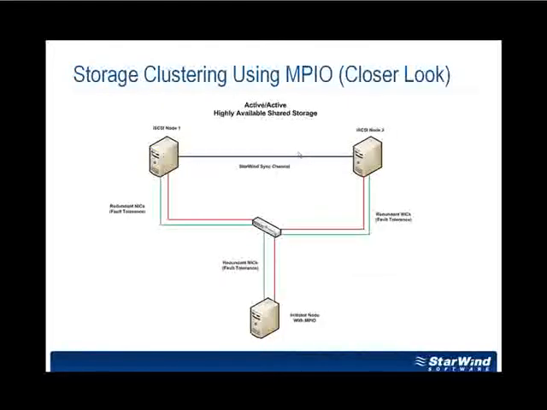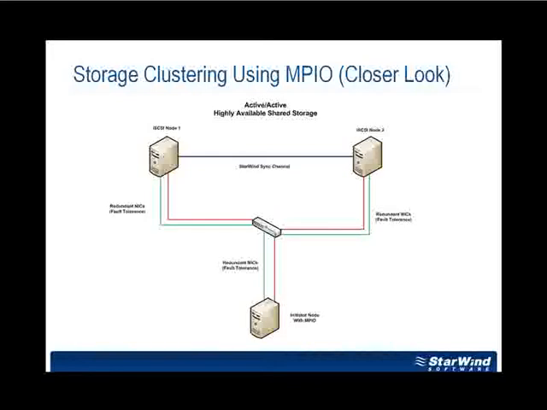Now, we start talking a little bit about how this works, and obviously when we go into the live demo, I'm going to show you in more detail how that works. However, if we look here, this is a blow-up of storage clustering using MPIO. As you can see, we've got our synchronization channel between the two iSCSI nodes, and from the initiator side, in this case an ESX box, we're creating multiple paths to the storage.